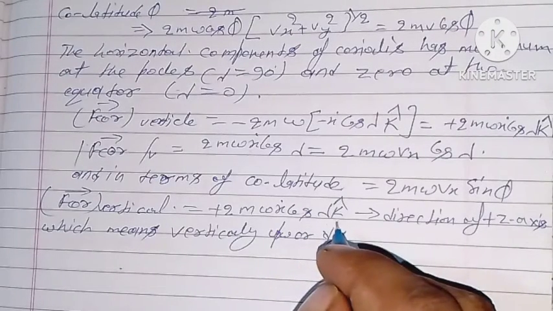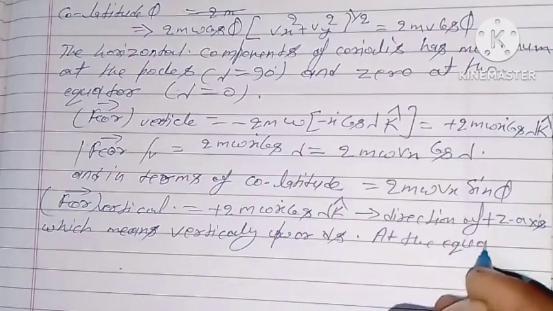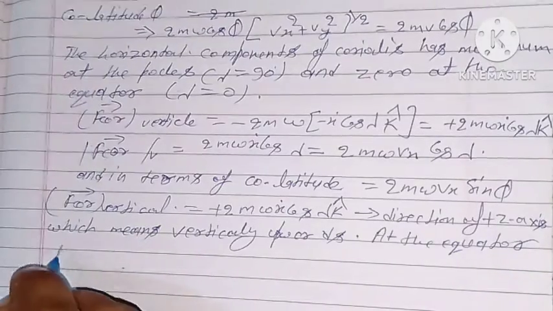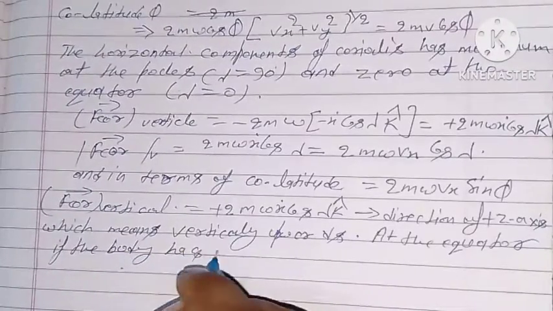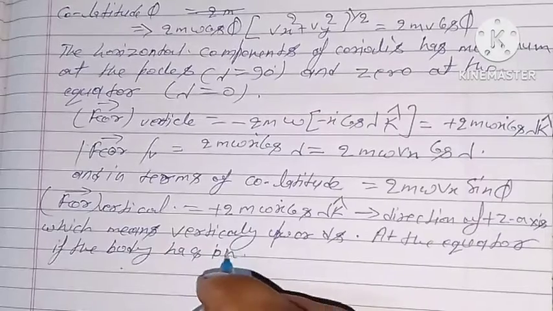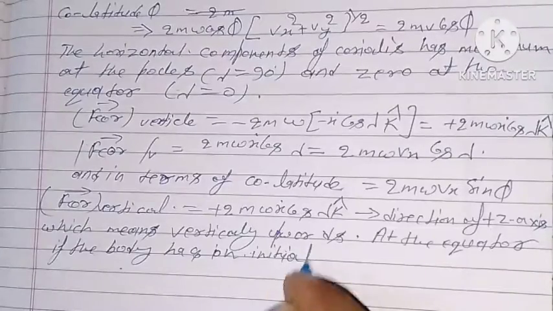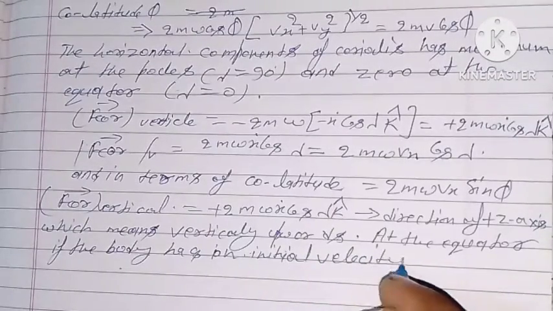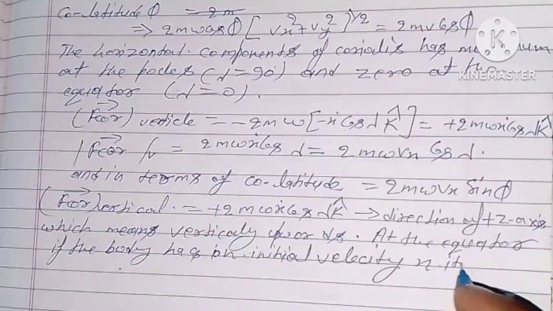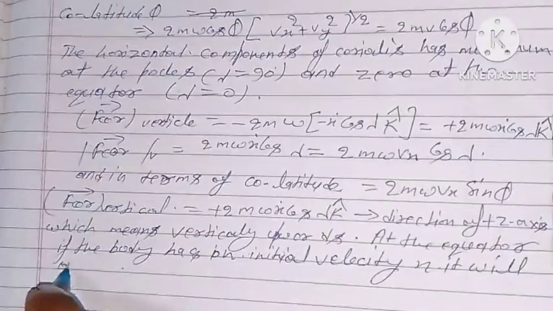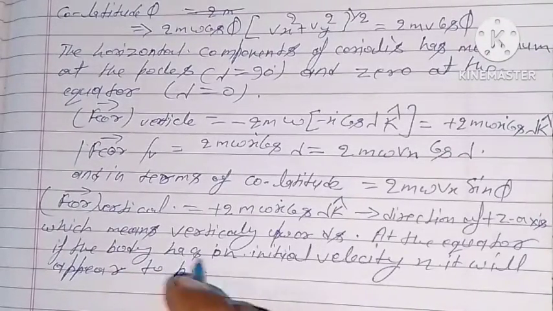At the equator, if the body has an initial velocity x, it will appear to be lifted upwards.